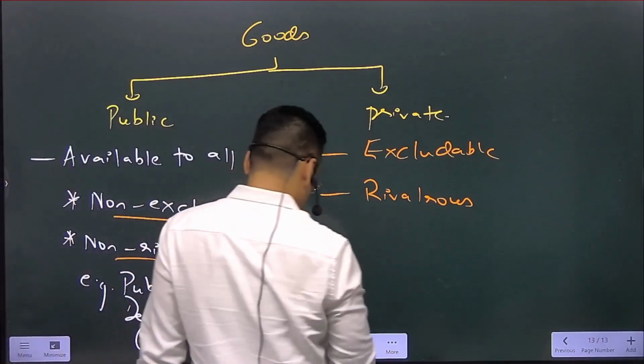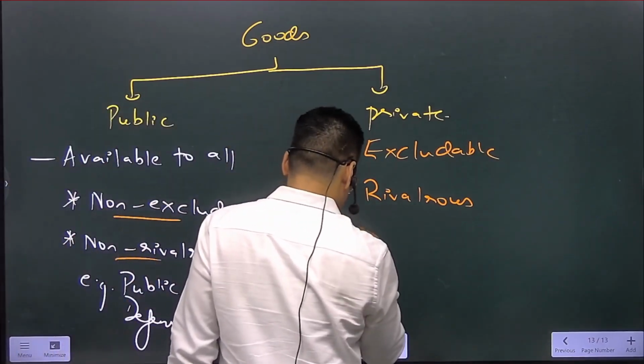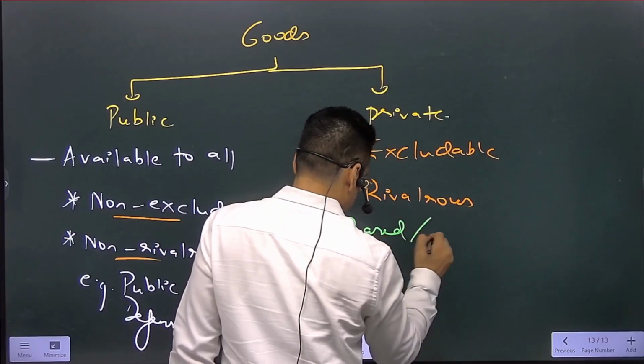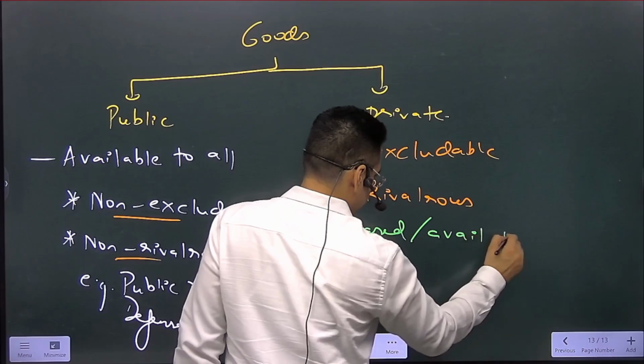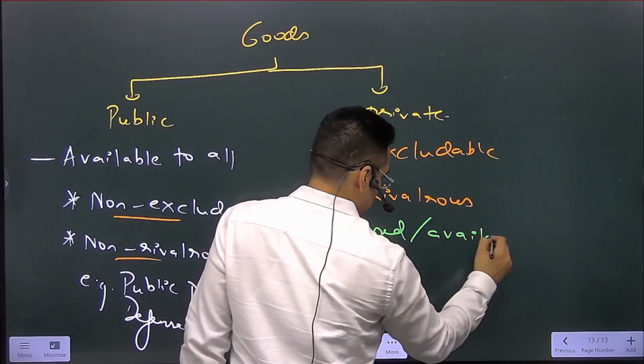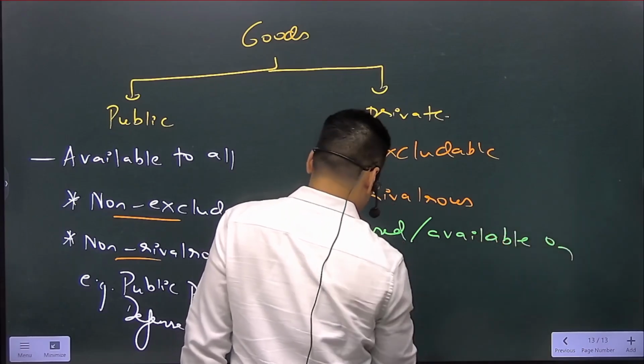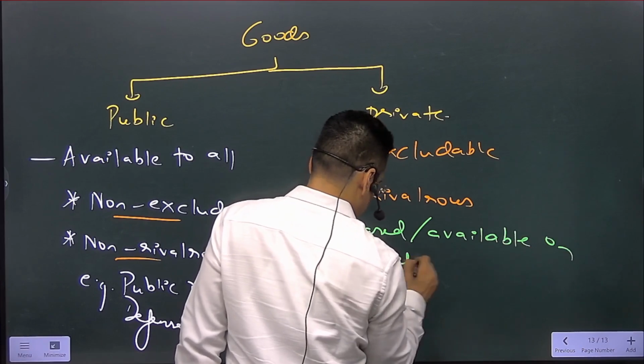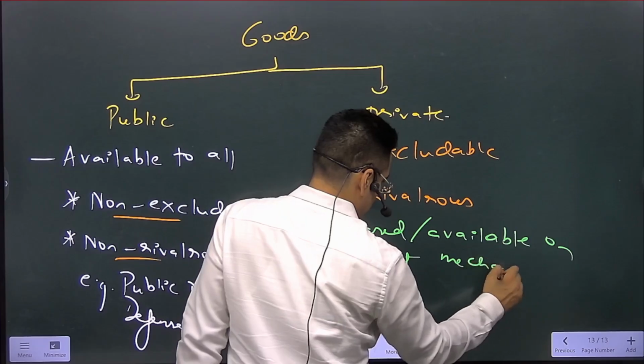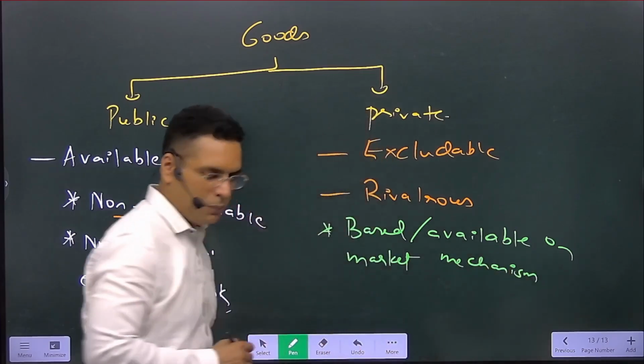Now private goods are based on or available on market mechanism. So market mechanism का मतलब क्या हुआ?